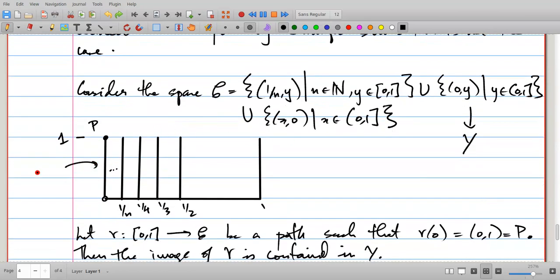So this vertical line is Y. And this whole set we call C.